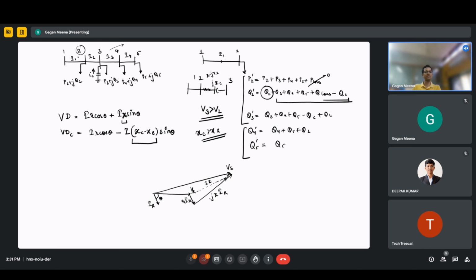This is without capacitor. But if we add the capacitor, then what will happen? This phasor, because now X is positive here. But if X is XL minus XC, and if XC is more than XL, then this becomes negative. So this phasor will actually become like this.